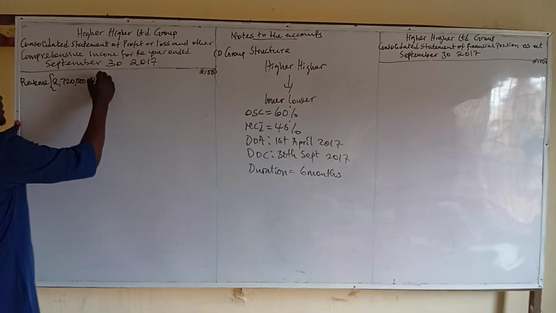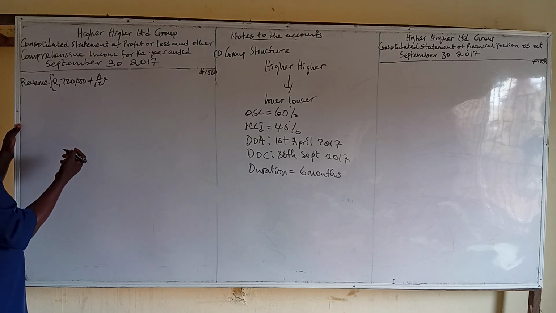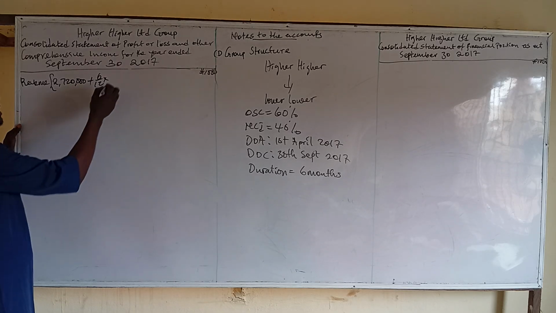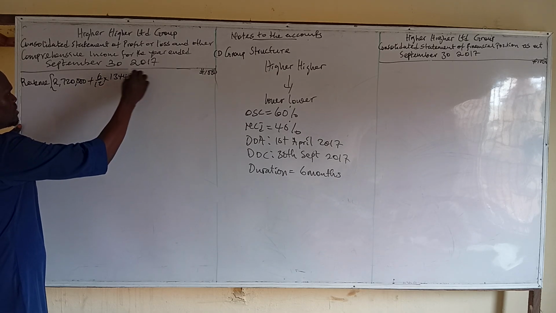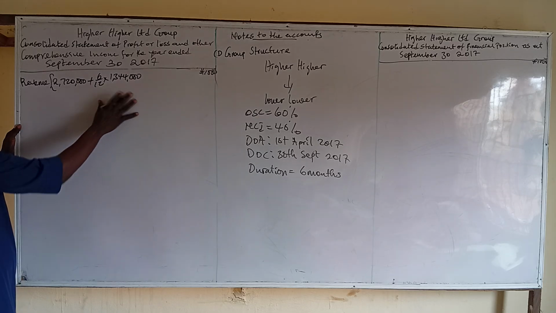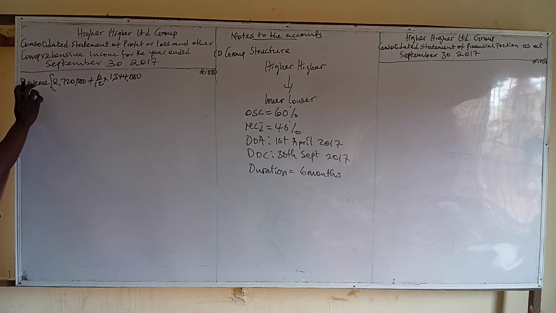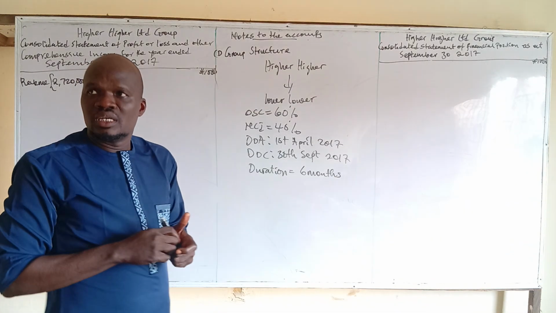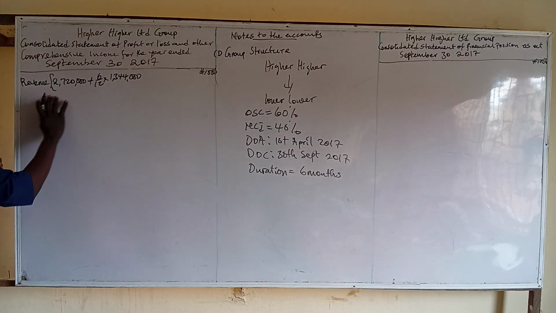So we have 6 over 12 times the revenue figure for Lower, which gives 1,344,000. This is your presentation. Now, what we are going to deduct from this revenue is intercompany sales. We'll get to that area, so let's leave this line.